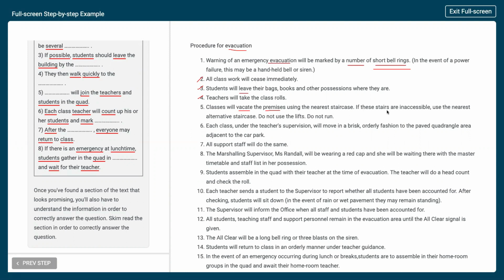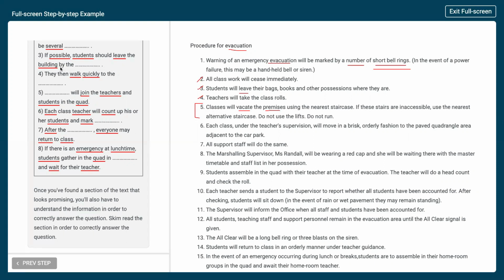It also says, if these stairs are inaccessible, use the nearest alternative staircase. So the fact that it says, if possible, means that this might not always be a definite. And this information in number 5 gives us 2 options. So it sort of fits along with this if possible scenario. So let's just re-examine here. It says classes will vacate, leave the premises using the nearest staircase.